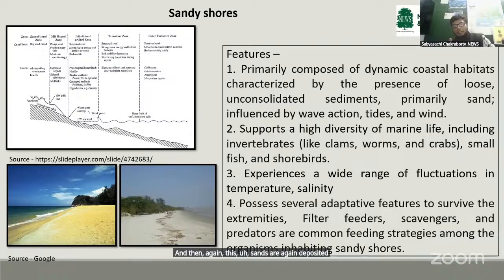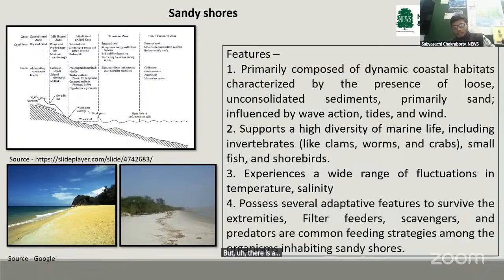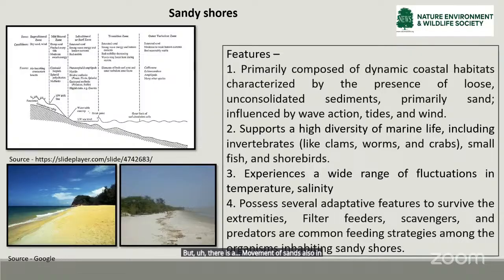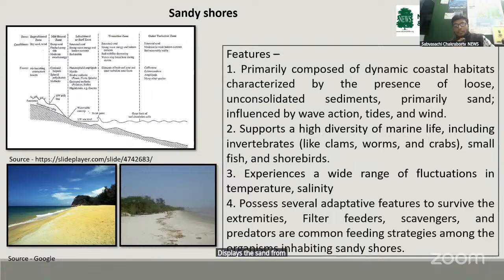So it's very dynamic. It is not fixed like the rocky shores, but there is a movement of sands also. It's influenced by wave action. Strong winds also displace the sand from one area to another.